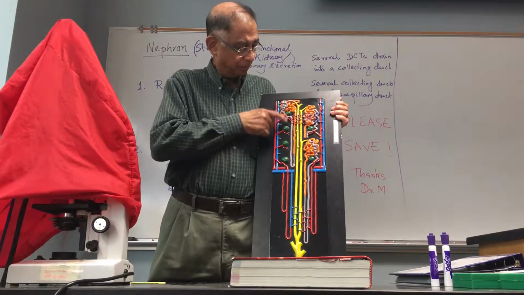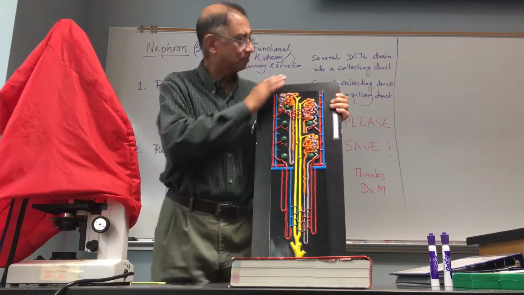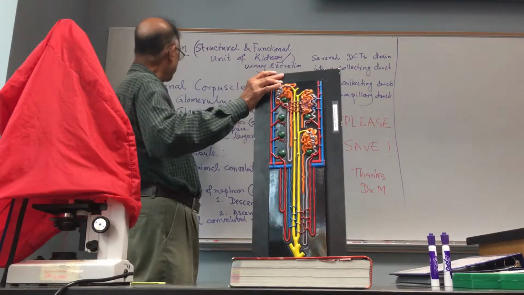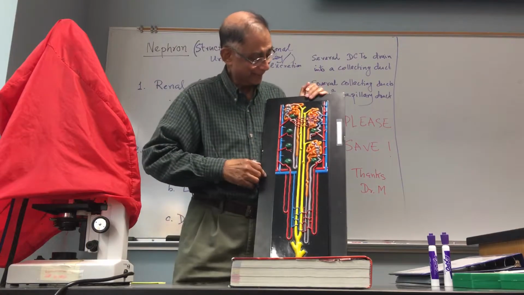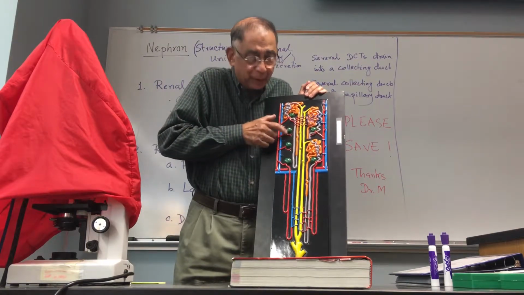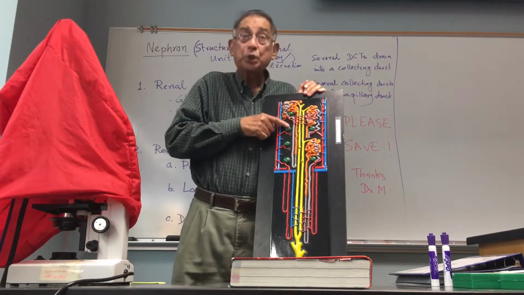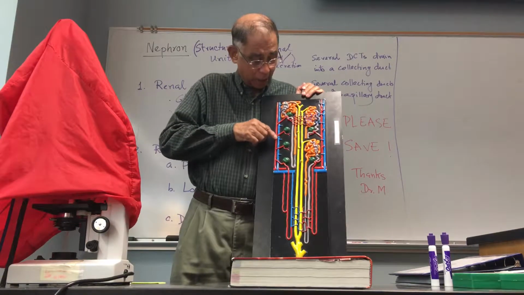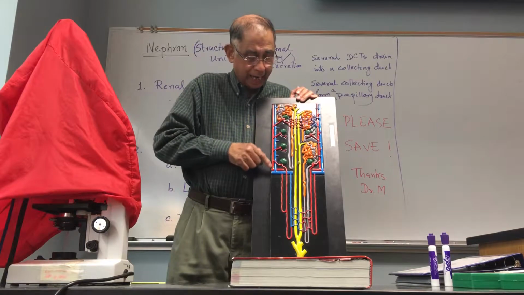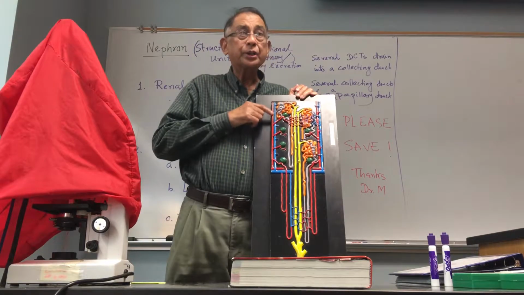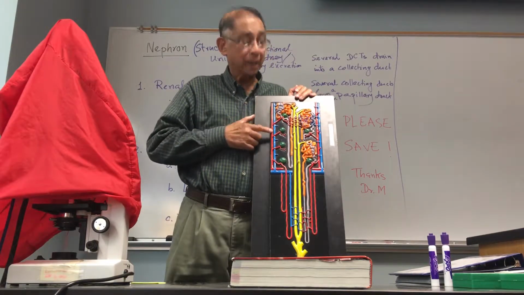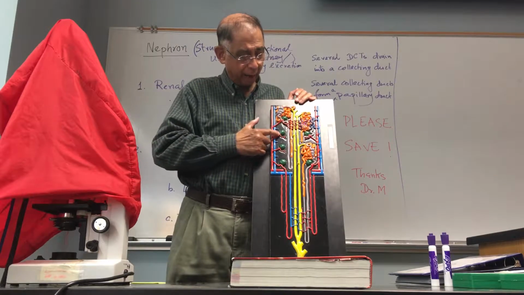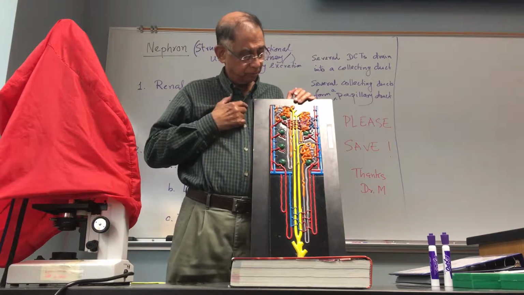These are the Bowman's capsule. Like here, glomerular capsule, Bowman's capsule. Inside the Bowman's capsule, you will see the glomerulus. It's not shown. Okay? Look at this artery called interlobular artery or corticoradiate artery. These are afferent arterioles.